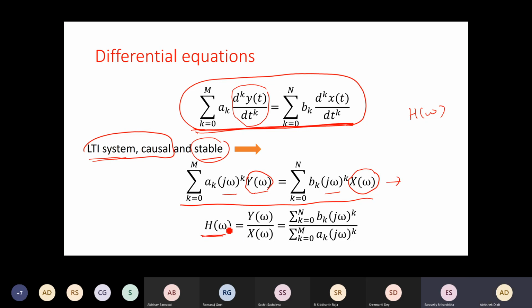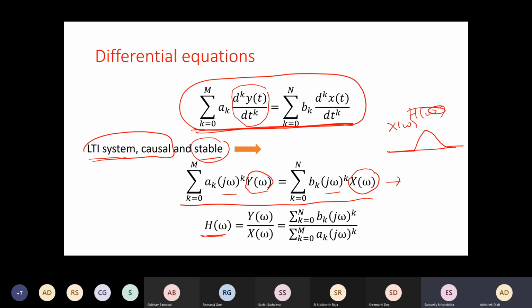But when I am writing H of omega as Y of omega by X of omega, you have to remember one thing. Suppose my X of omega is something like this. So it's 0. Now when this is in the denominator, what does it give me? Infinity, right? So suppose X of omega and Y of omega are given to us, and we want to find H of omega from them.